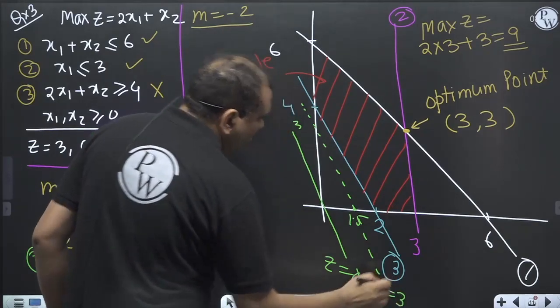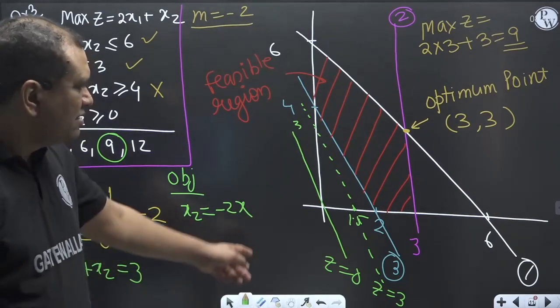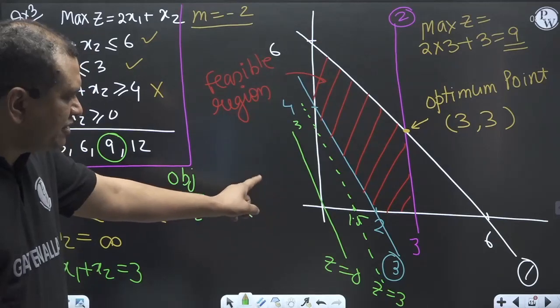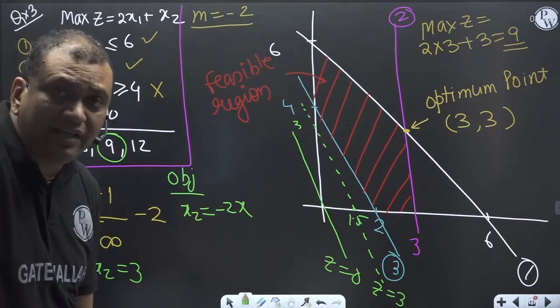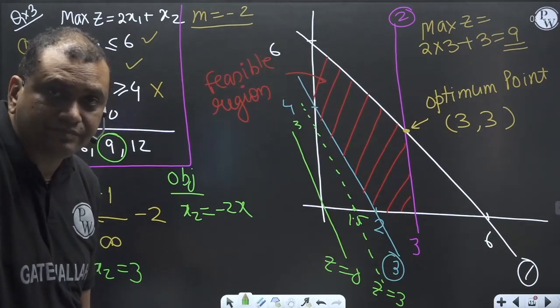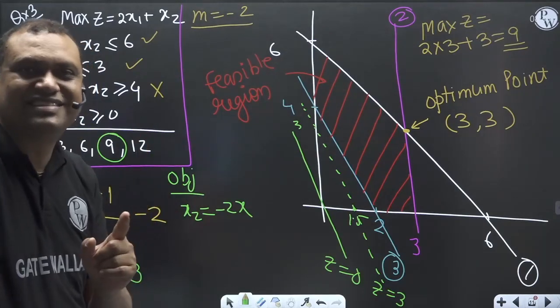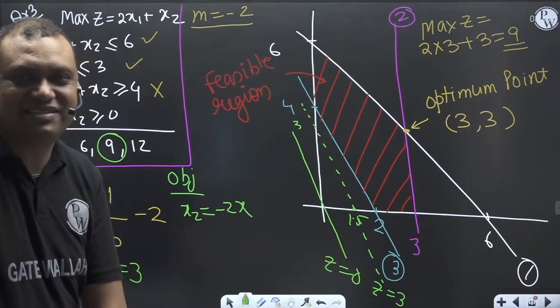Z equals 3. Remember, z equals 3 is not falling in the feasible region. So this solution doesn't exist.